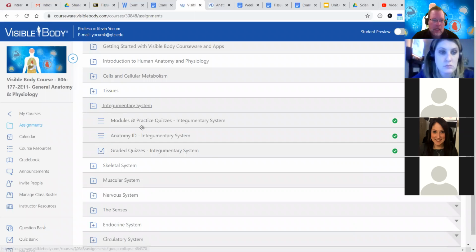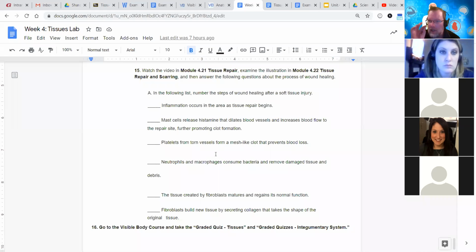I'm going to minimize that. And then we've got integumentary, again, modules and practice quizzes. I would go through those. Again, there isn't anything specific for typing in on the actual assignment for the integumentary system. In the portfolio, there's plenty of integumentary system.